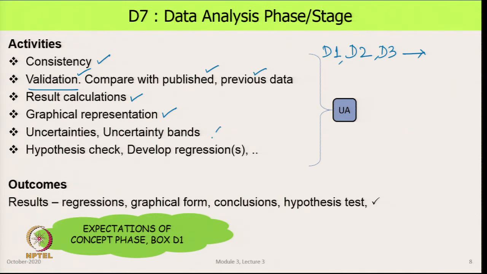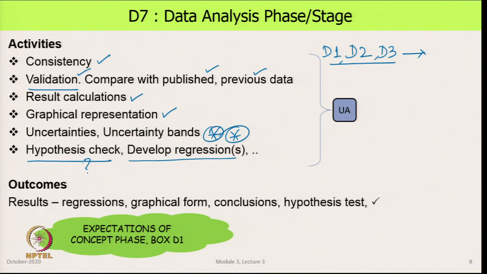We do our extensive analysis of uncertainty analysis and show the uncertainty bands in all our plots and charts. And if in the beginning part we have asked for a particular hypothesis check, we now have all the data against which we can do this check, and if need be develop regressions, correlations and all that.